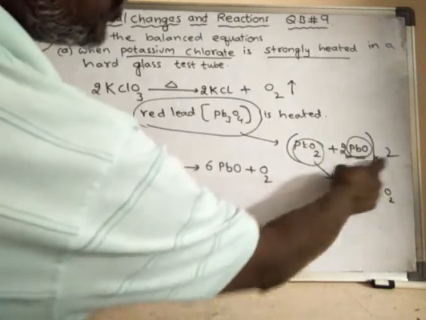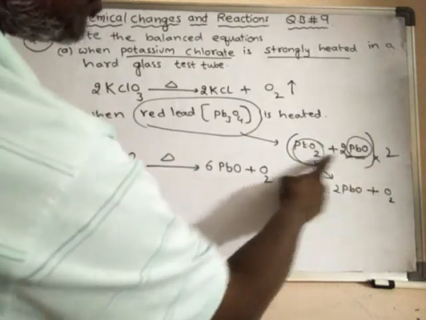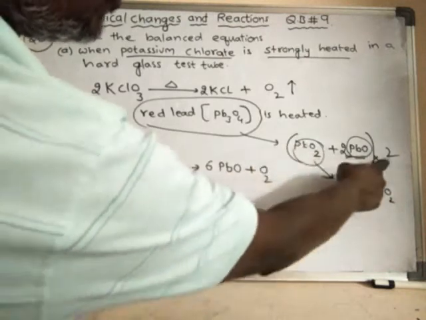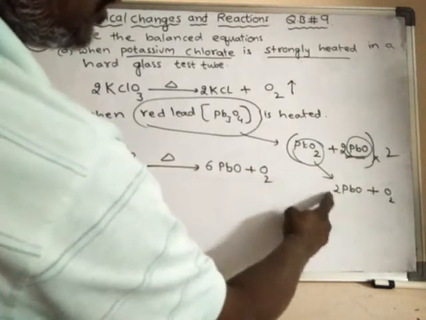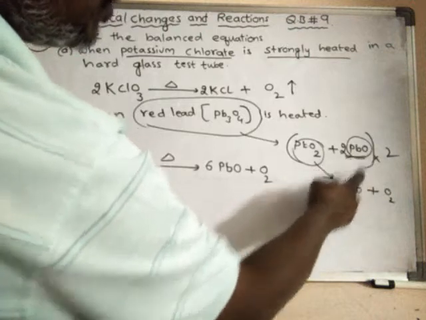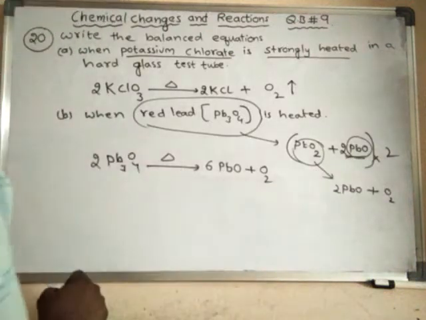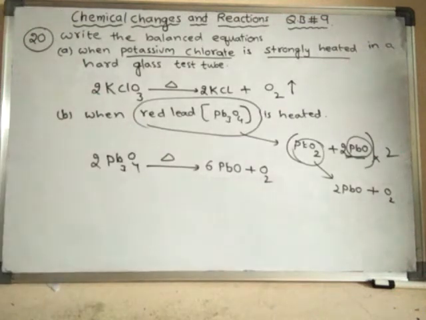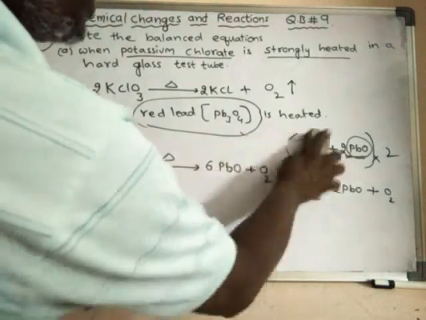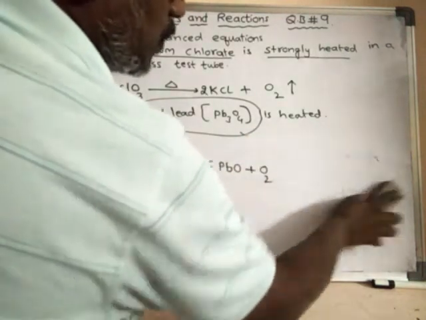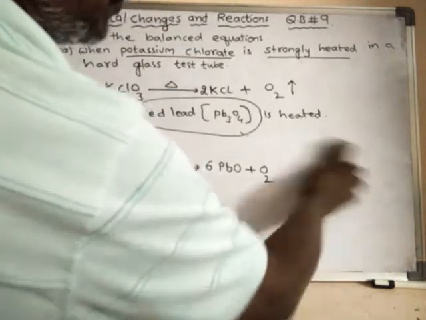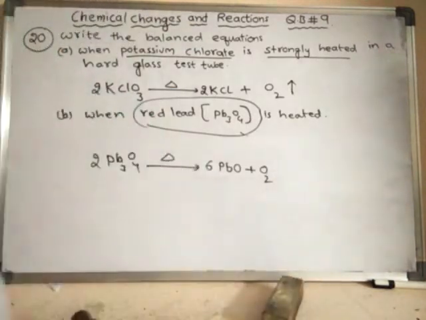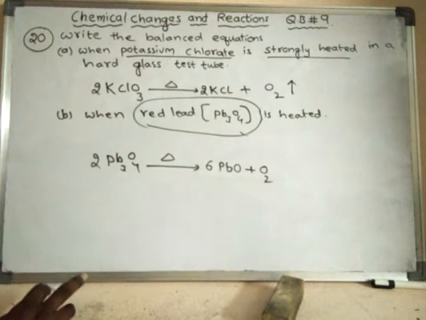So 4 PbO plus 2 PbO, 6 PbO, and O2. No need of writing this one. I have given it just for your understanding and knowledge, but we have to follow this one only. Right.